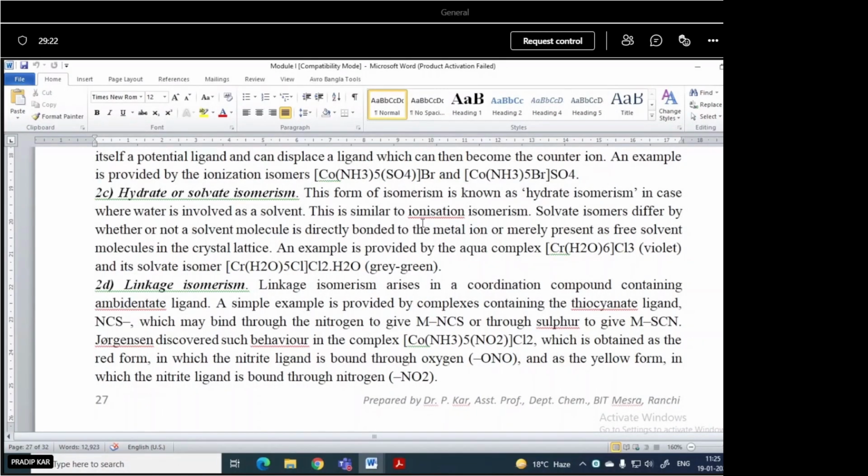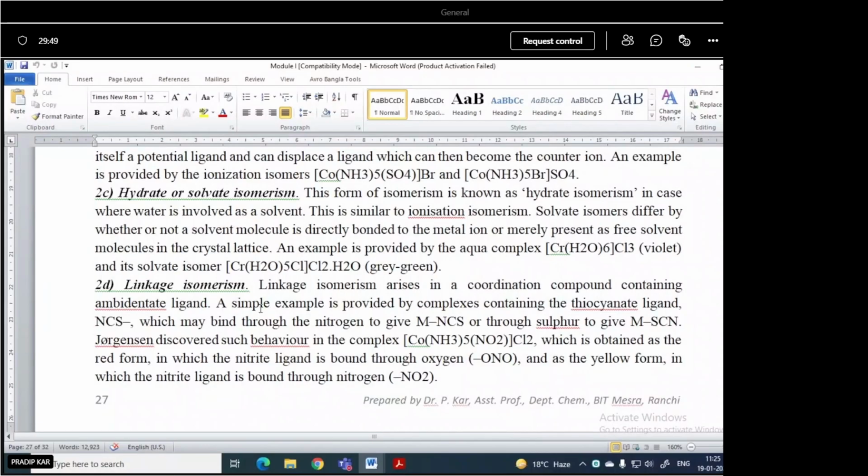Like [Cr(H2O)6]Cl3, in that case we get 3 Cl minus, but when one Cl is included in the coordination sphere, one water is present as crystal water. So the position of water is different. This is hydrate or solvate isomerism.